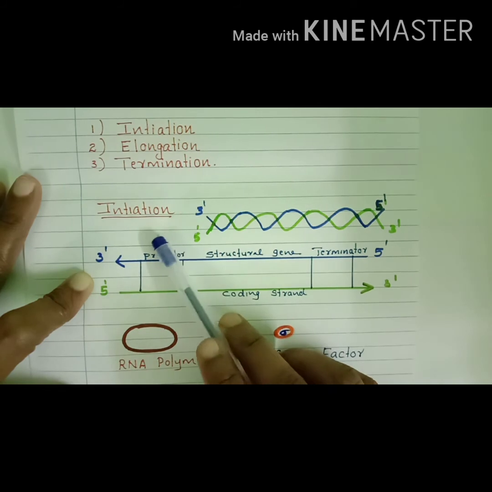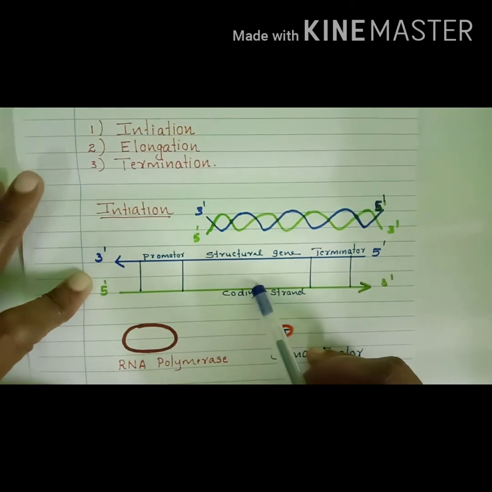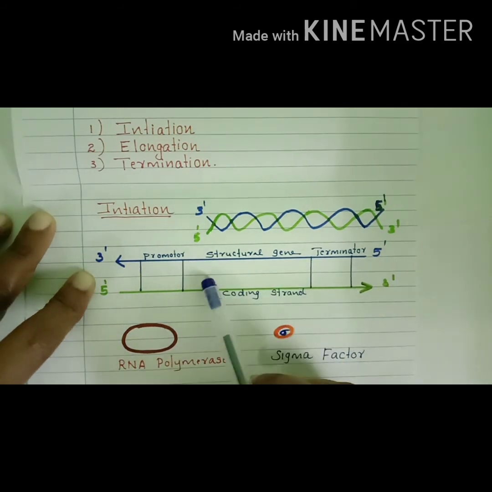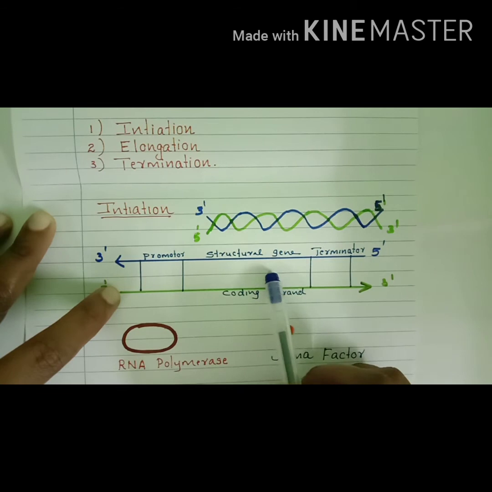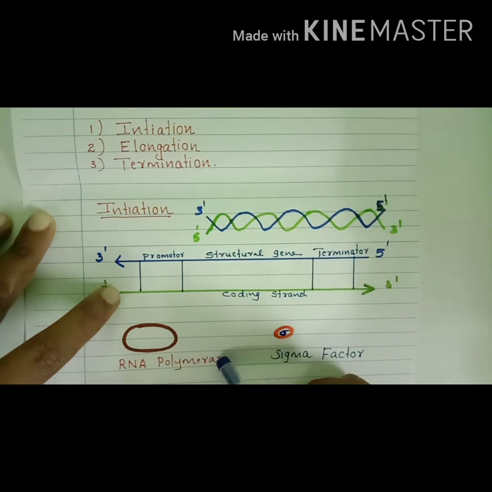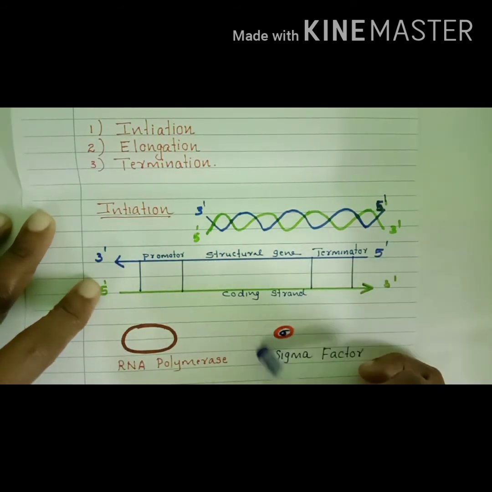So during initiation, what will happen? That we have to study. During initiation, the enzyme which helps for the formation of the RNA strand is RNA polymerase. During initiation, there is a factor called sigma factor.